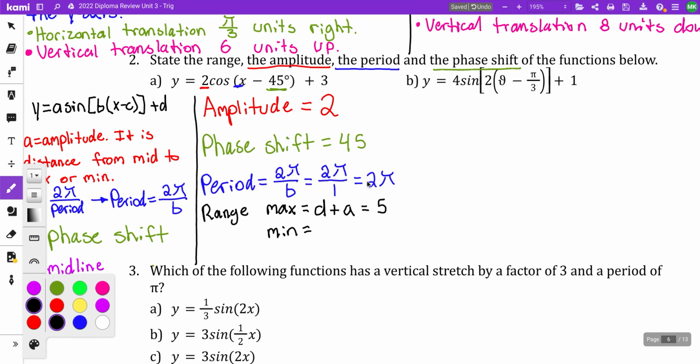The min value is your midline subtract your distance to the bottom, your amplitude. In this case, it would be 1. So your range is 1 to 5. Remember, I'm using square brackets because it actually could equal 1 and it actually could equal 5.